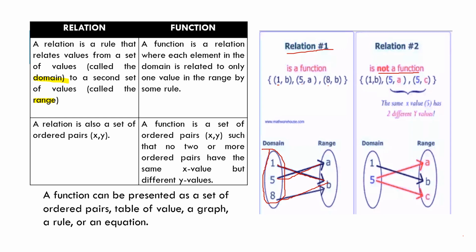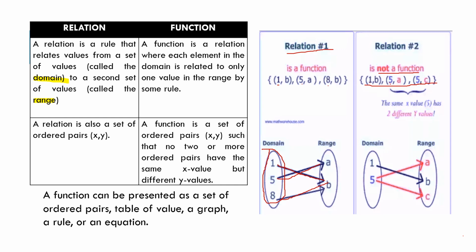Because sa set ng ordered pairs dito, inulit ang x value na 5 ng ikadalawang beses. So dito, ang domain niya is 1, 5, 5. So ang 5, twice siya inulit. Again, magiging function siya basta dapat yung x is once lang.